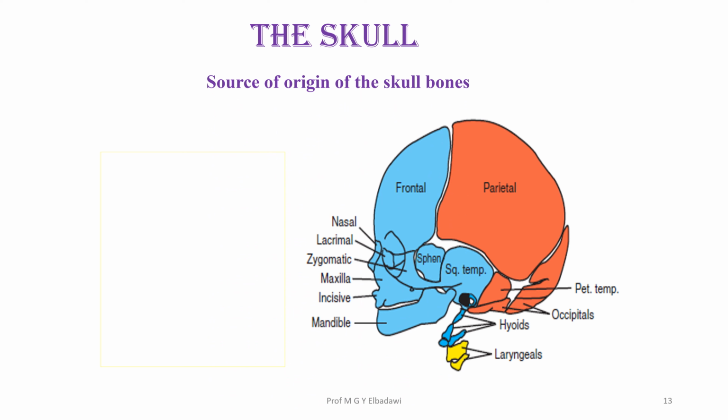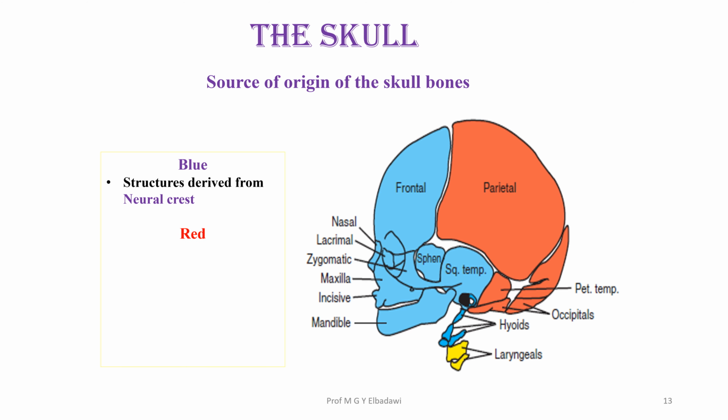Now, a summary of the source of origin of the skull bones: those that appear in blue are structures derived from the neural crest. You can see the nasal, lacrimal, zygomatic, the maxilla, the mandible, and the frontal bone. These are the bones which arise from the neural crest.